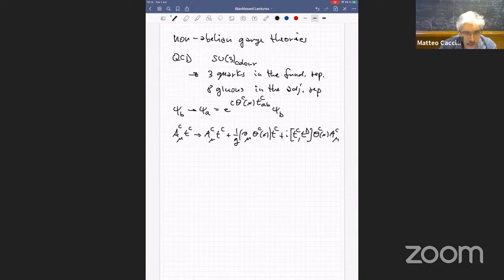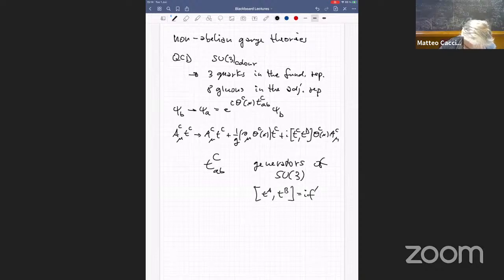So the t^A, t^B, t^C are the generators of SU3, and they have this key characteristic that they do not commute. [t^A, t^B] equals i f^{ABC} t^C.